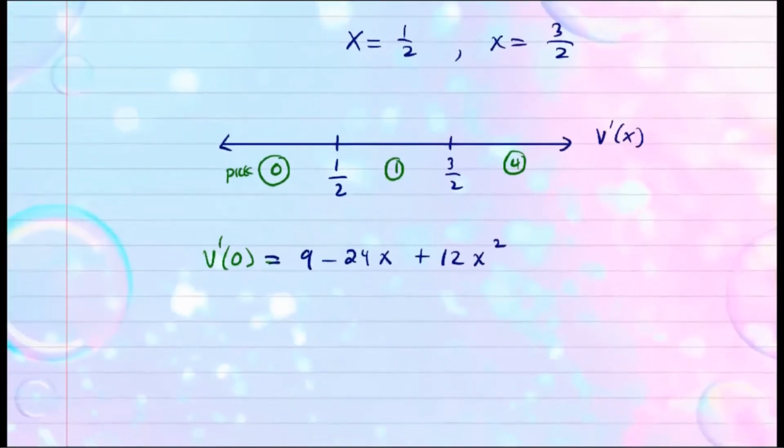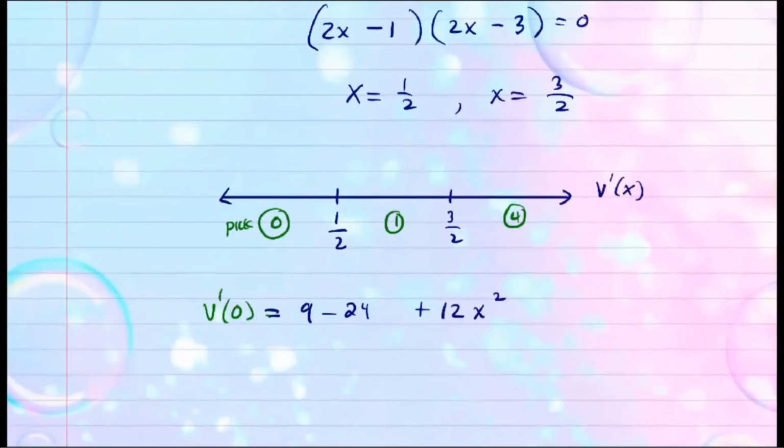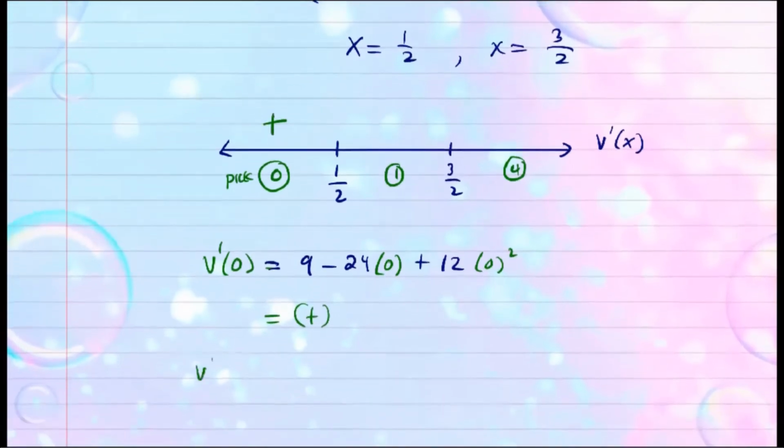So here you have 9 minus 24 times 0 plus 12 times 0 squared. You see that this will give you a positive number. So let's call this a positive interval. You do the same thing for 1. V prime at 1 gives us 9 minus 24 times 1 plus 12 times 1 squared, and this will give you a negative number.